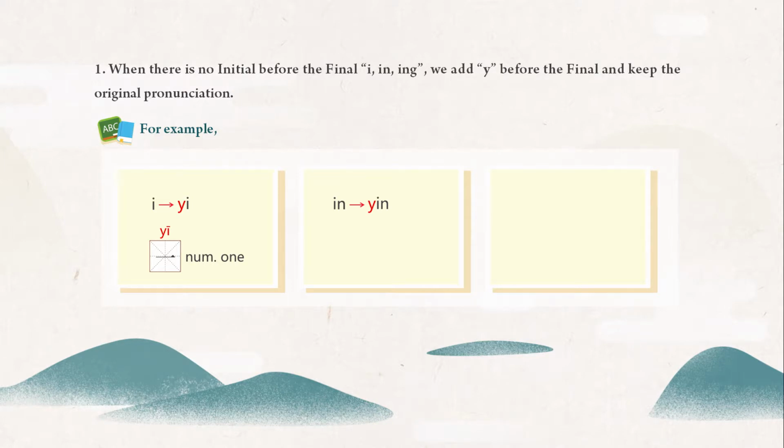We got a pinyin written as ying, such as word ying. When final ying becomes a syllable by itself, we directly put letter y before it. We got a pinyin written as ying, such as word ying.